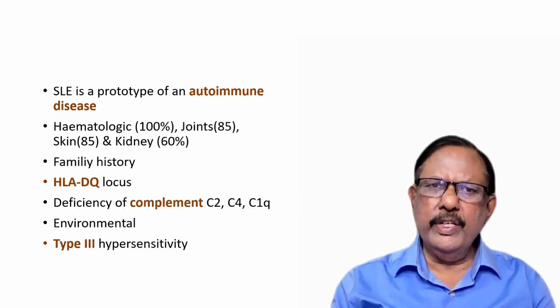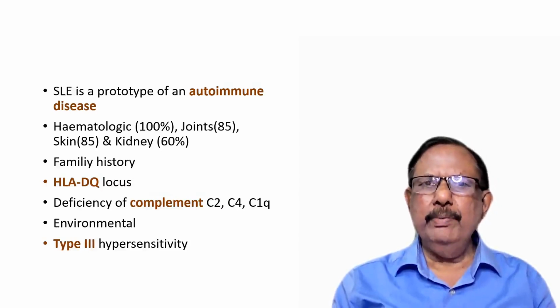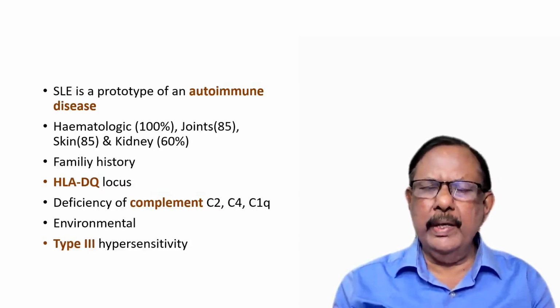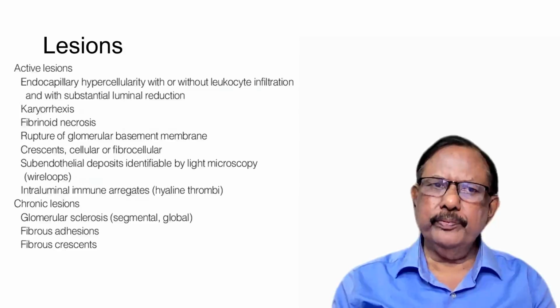There is always a deficiency of complements C2, C4, C1q, and environmental factors have also been suggested. Type 3 hypersensitivity has been implicated in the form of floating immune complexes or antibody against an implanted antigen.